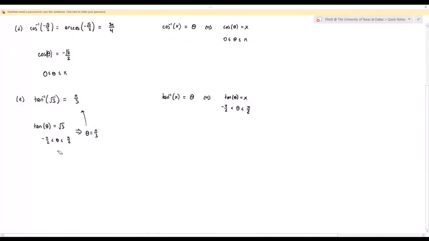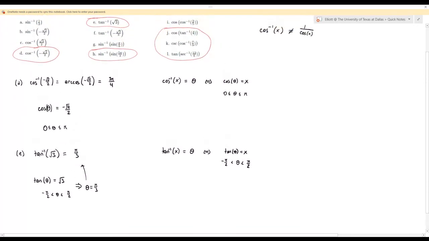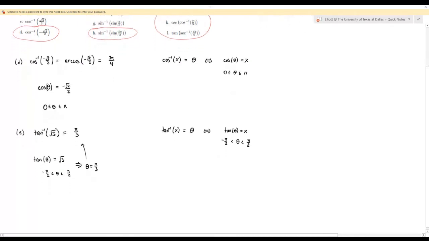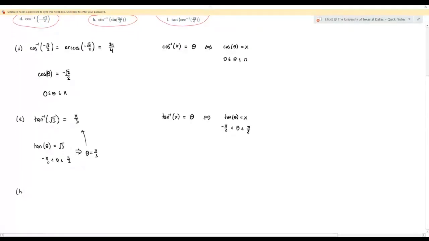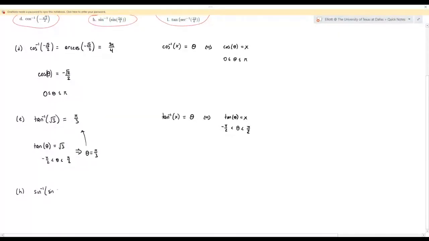And pi over 3 does fall in this range, okay? So the answer to inverse tangent of root 3 is pi over 3. Okay. Let's look at maybe H next, where we have sine inverse of sine of 5 pi over 3. Okay.